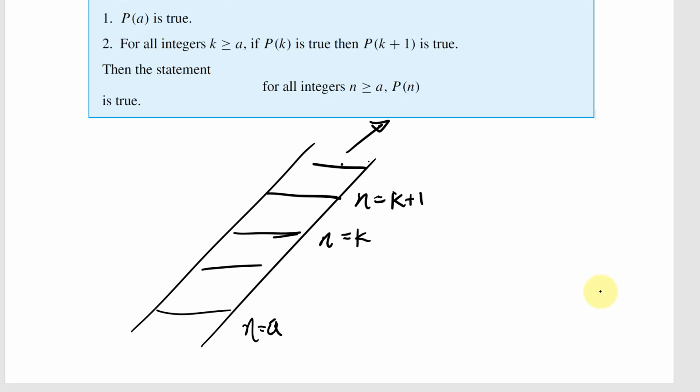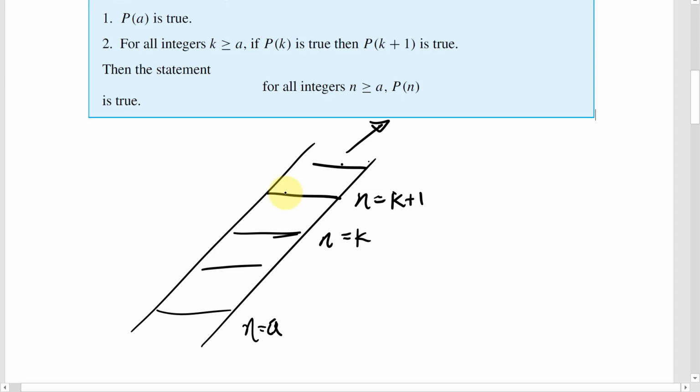I imagine an infinite ladder, and I want to show some property p is true at every single step on this ladder forever. If you establish that you can get on the ladder at some base case, some initial rung, and then you separately establish that if you happen to be on an arbitrary rung, from that rung you could get to the next one.